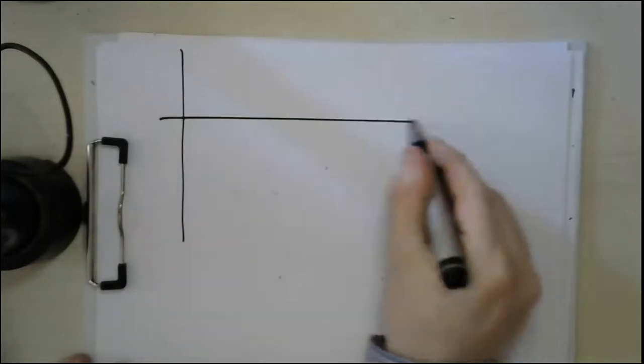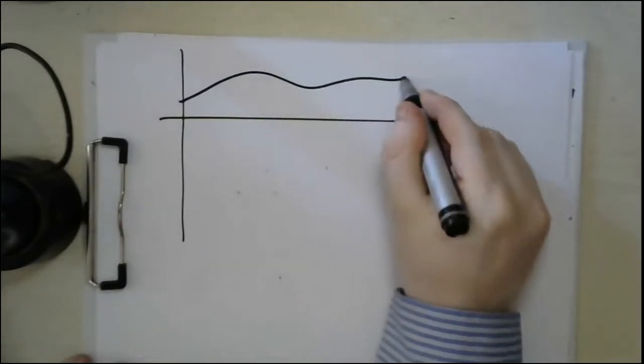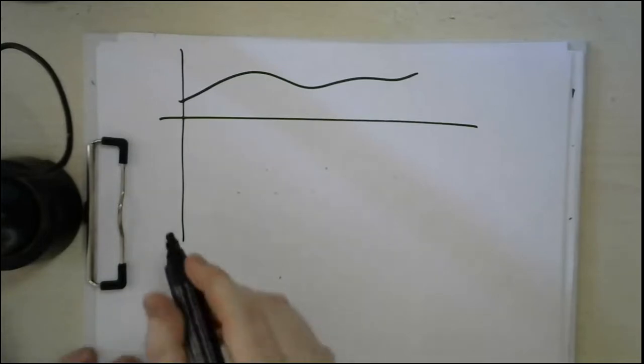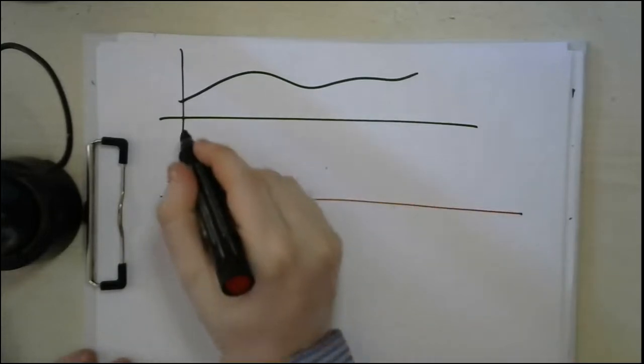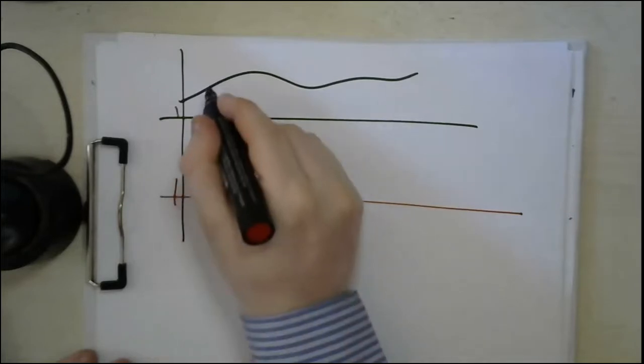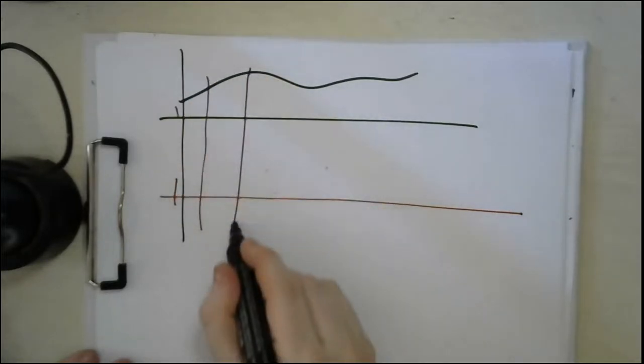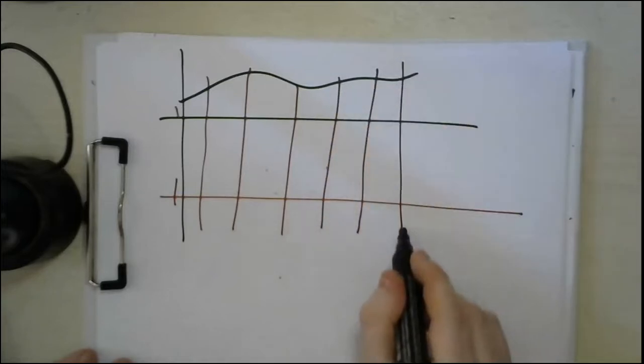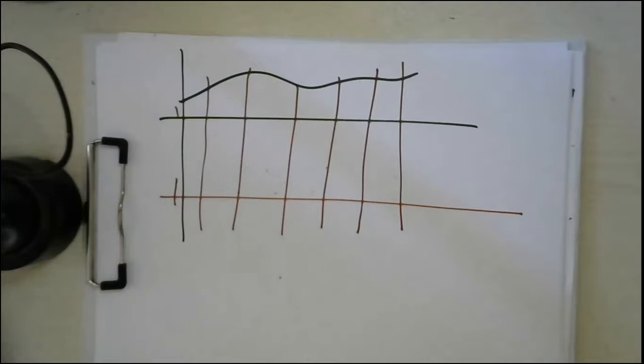Okay, so let's start with the input. For example, we have any sort of input looking like that. And then you have a certain sampling frequency. For example, this is your sampling frequency. In the first case, what you are doing is very easy, actually.